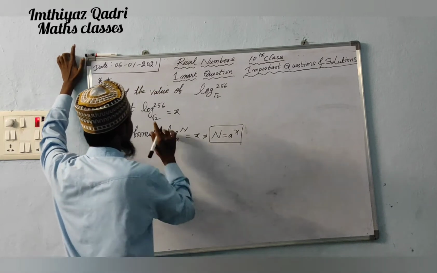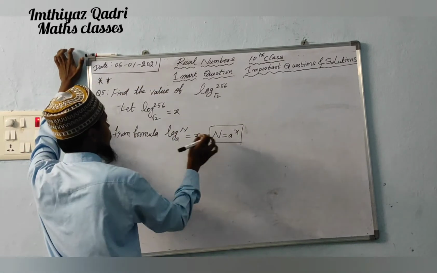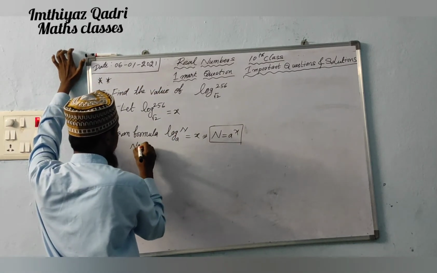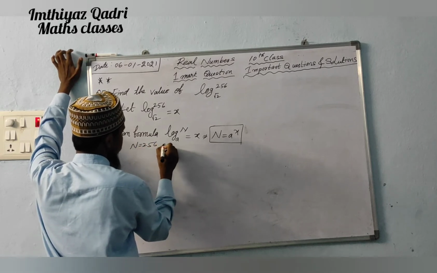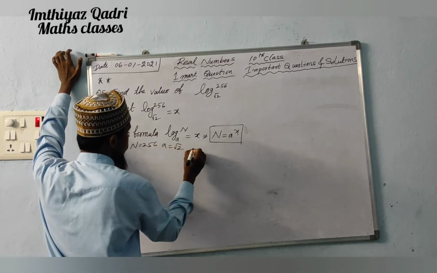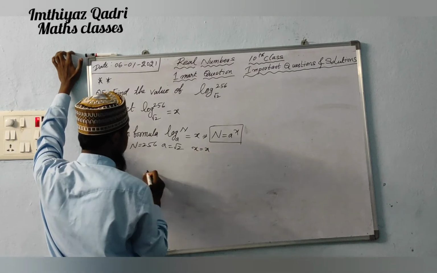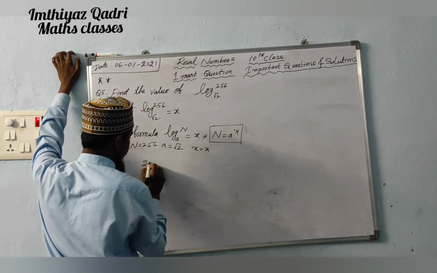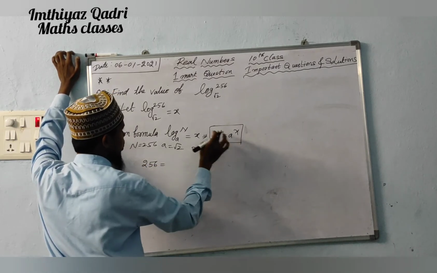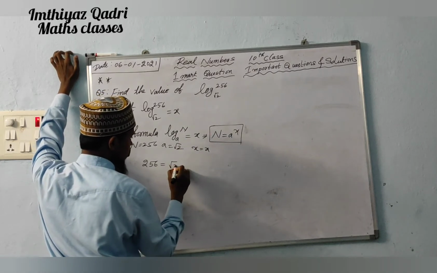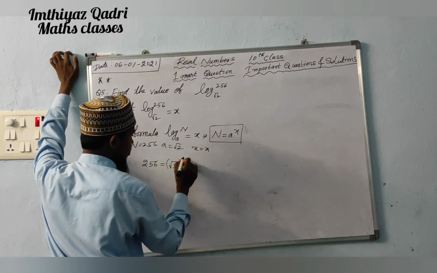Okay, write in formula. n is equals to 256, a is equals to root 2, x is equals to x. n value 256 is equals to a, a means root 2 power x.